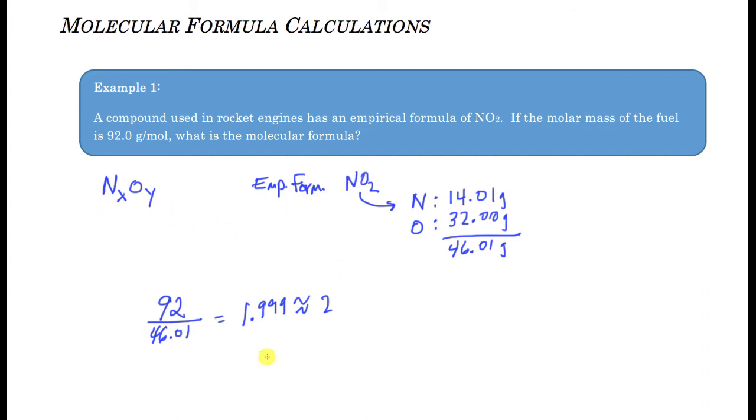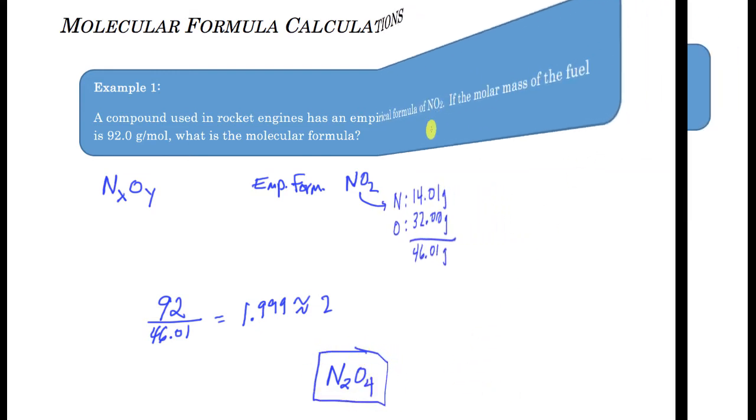So therefore, I can say that the actual formula is twice the nitrogen dioxide. So therefore, it's going to be N2O4. And there you have it. That's how you would do it if you know the empirical formula.